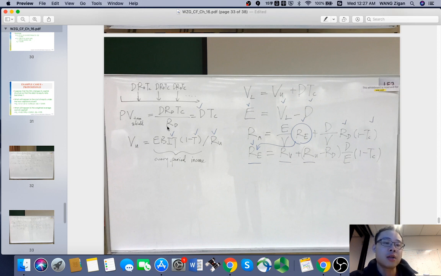So the debt is risk free. So the risk free rate is the debt rate, okay, the interest rate. Therefore, the PV of the tax shield is DT.